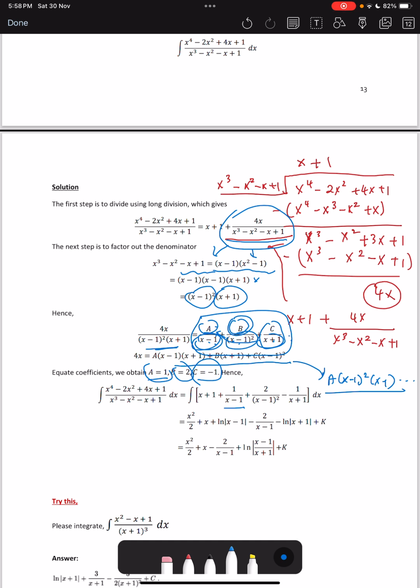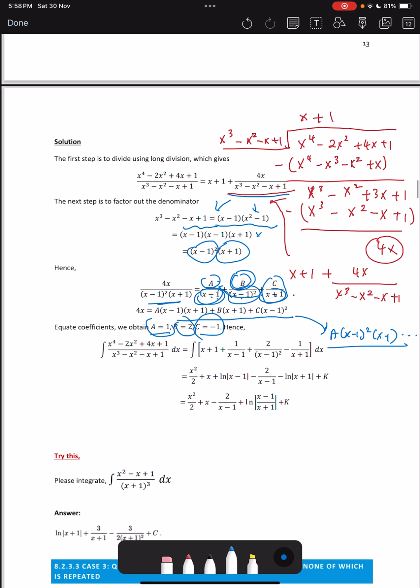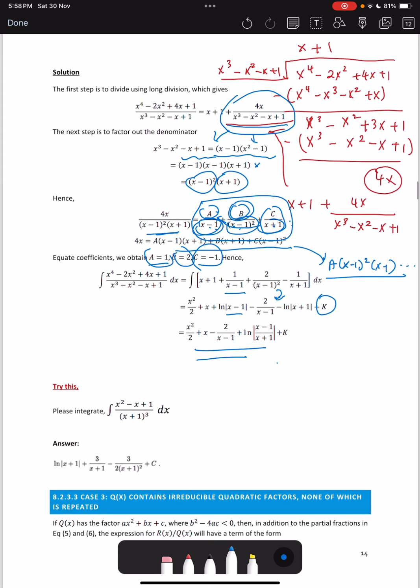Alright, so you will get x squared over 2 plus x plus ln of x minus 1 minus 2 over x minus 1 minus ln of x plus 1. Here you will get this one. Okay, plus constant k. Right? So you can try the exercise here, and you should get the answer as given in this.